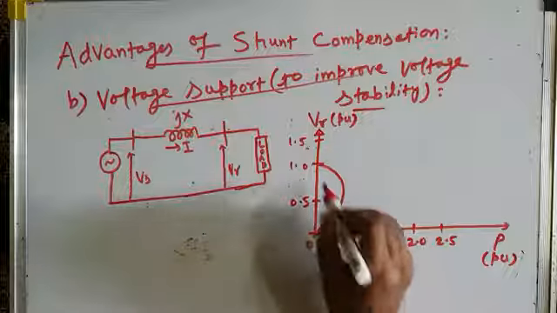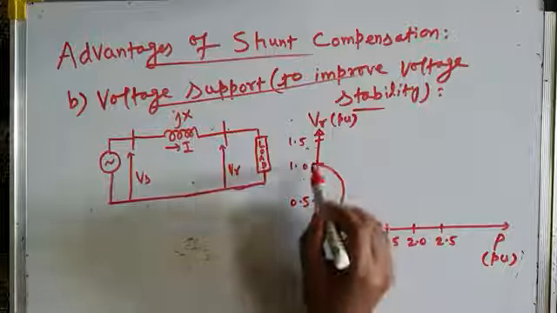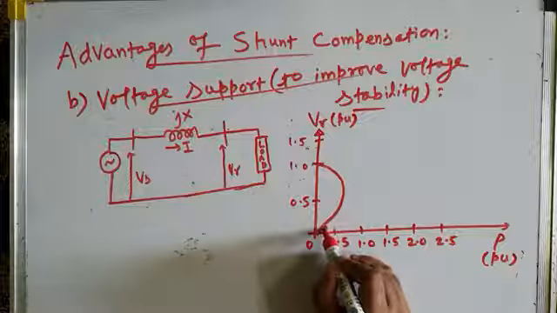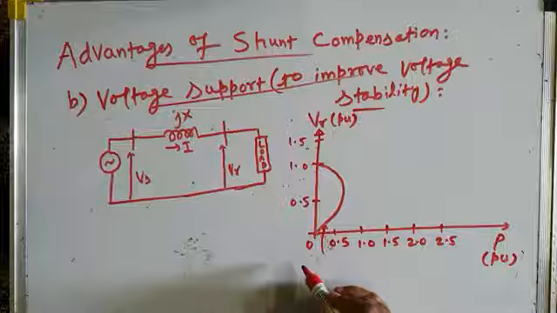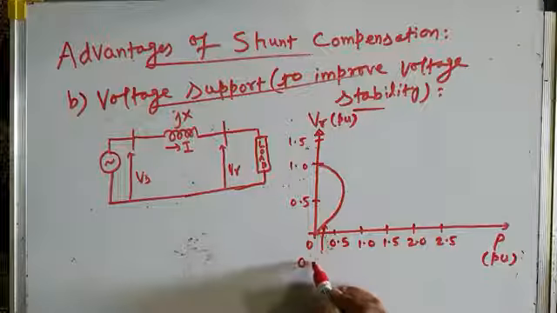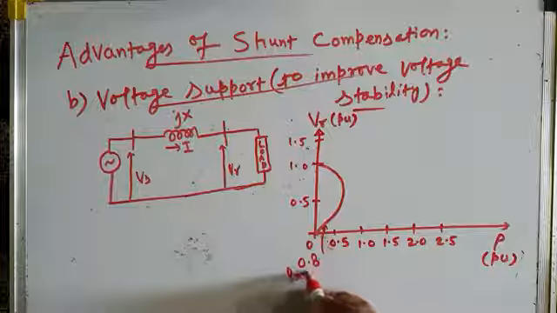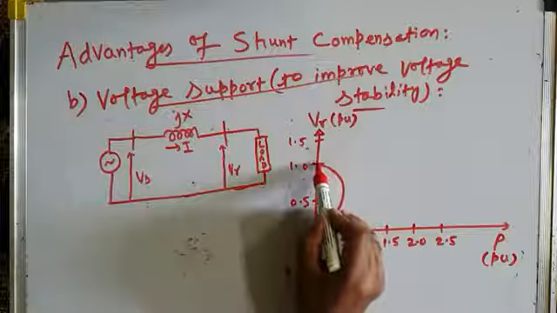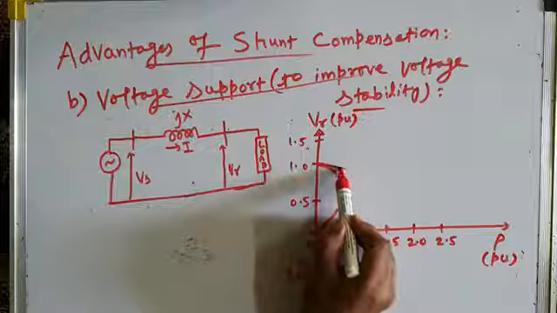This is the receiving end voltage versus power for a power factor of, let us say, 0.8 lagging. This is 0.8 lagging power factor. Okay, let me first of all draw these curves, then I will explain. Next curve is this.